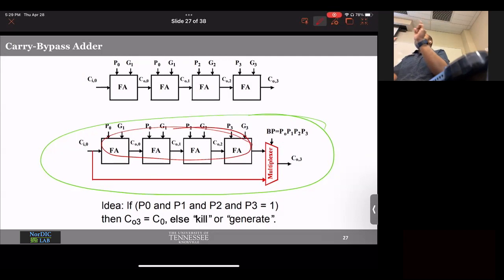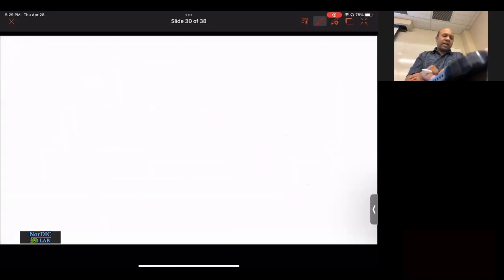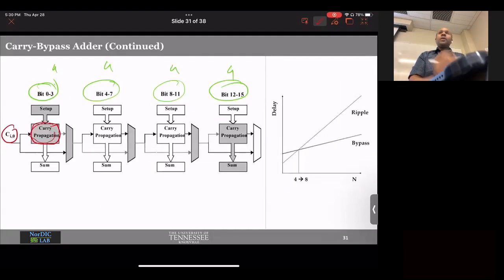The carry cannot be bypassed. So you have a carry propagation block which actually has multiple blocks inside. Make sense? Okay. And then what is that? Bypass. And this is the multiplexer that you had, which chooses between the bypassed line and the propagation line.